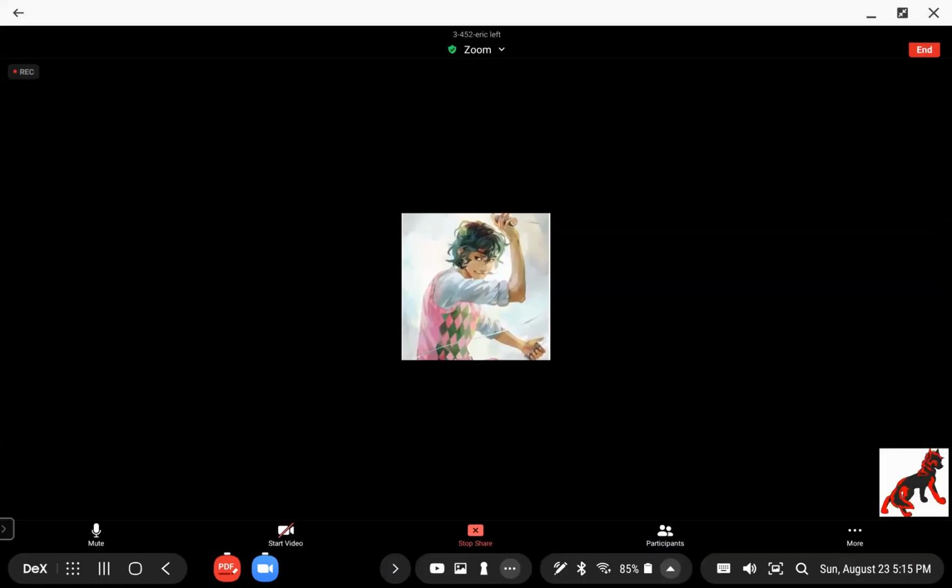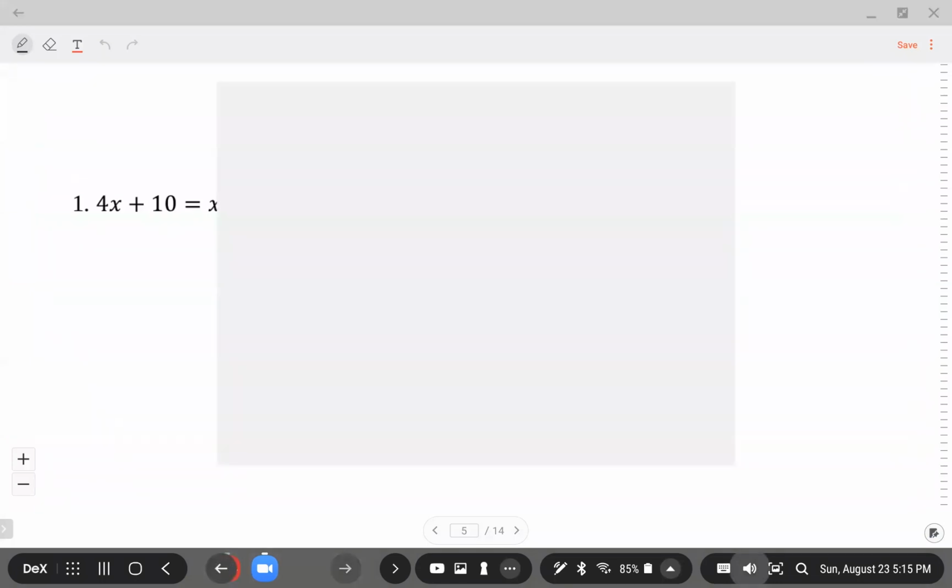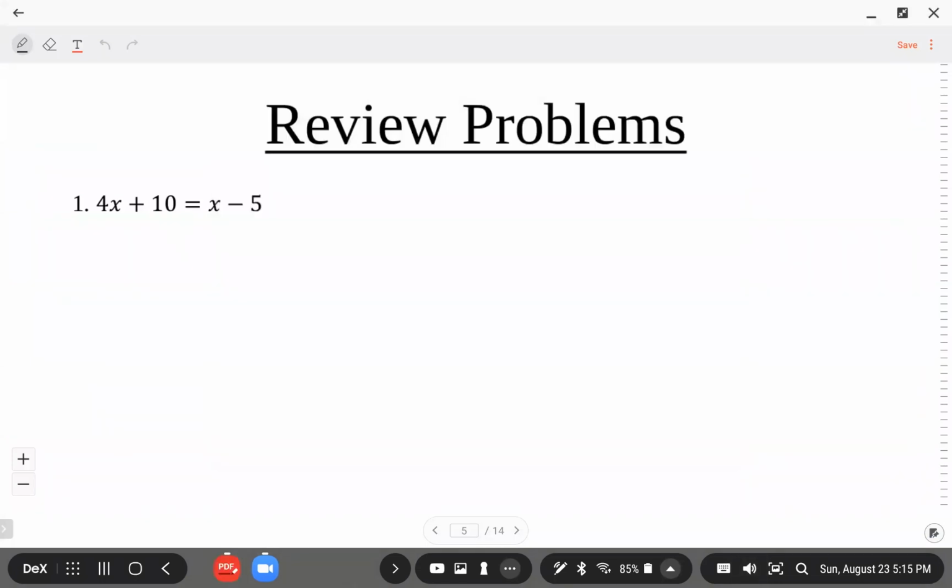So let me walk you through this, okay? You probably already know it, but let's review. Remember where I said we need to isolate x on one side? So let's put x on the left-hand side, and then all the numerals on the right-hand side.